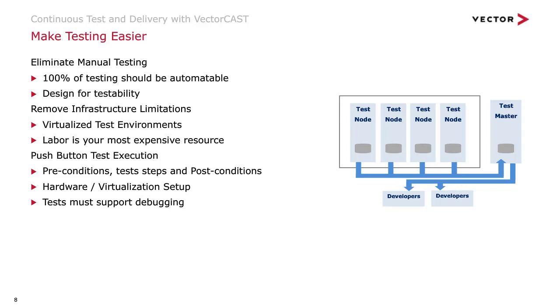Now, there are software architectures and systems out there where there is a large degree of global data, for instance. We see this in the automotive industry where variants are generally implemented through a large global database, and that global data is shared by lots of components. So when you have an architecture like that, think about it in advance and figure out how it is that you're going to test those components in that environment.